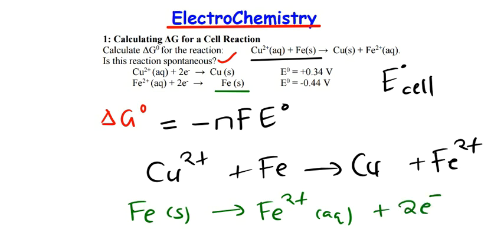The moment you do that, this value changes sign when you reverse. Since it was negative there, it's going to become positive 0.44 after reversing. There are also cases where you find that the number of electrons are not balanced.